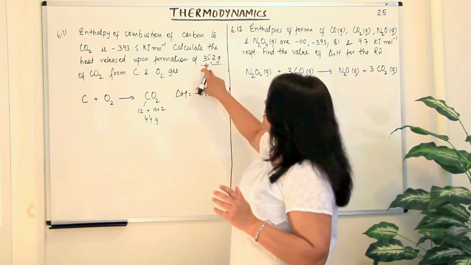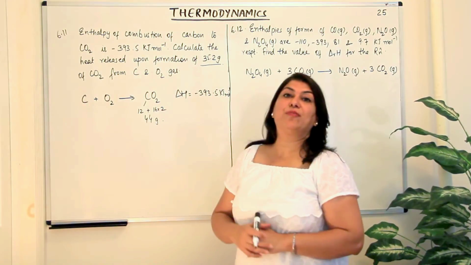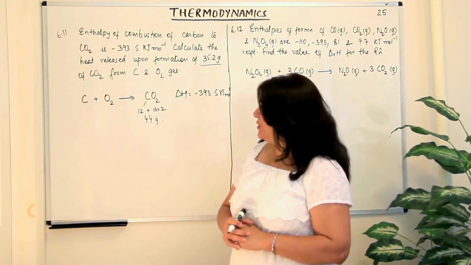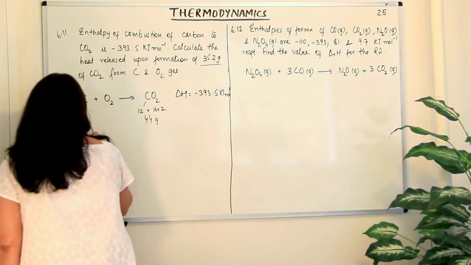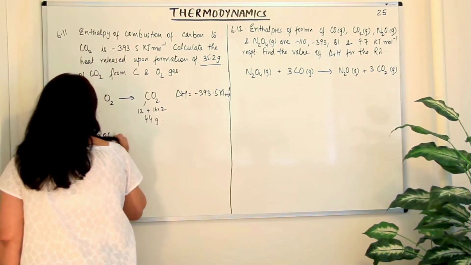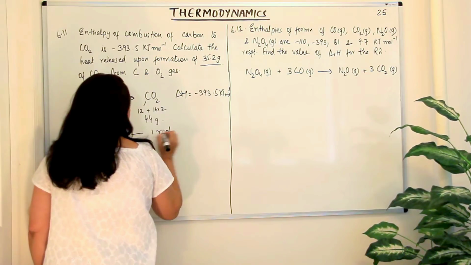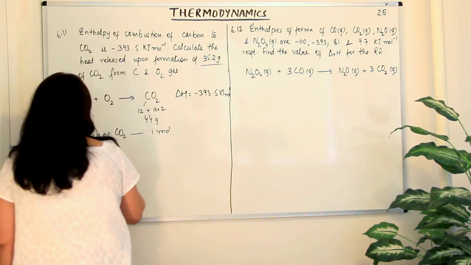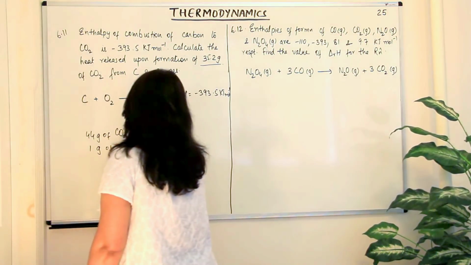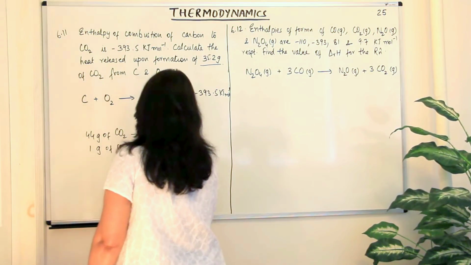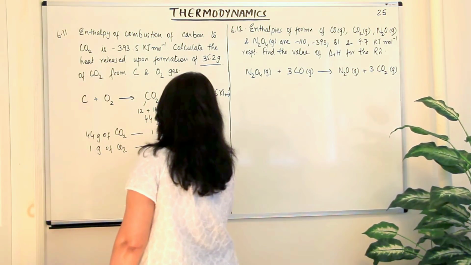So what would the number of moles be for 35.2 grams? Let us use the unitary method. 44 grams of carbon dioxide makes 1 mole, right? So 1 gram of CO2 would make how much? 1 upon 44.